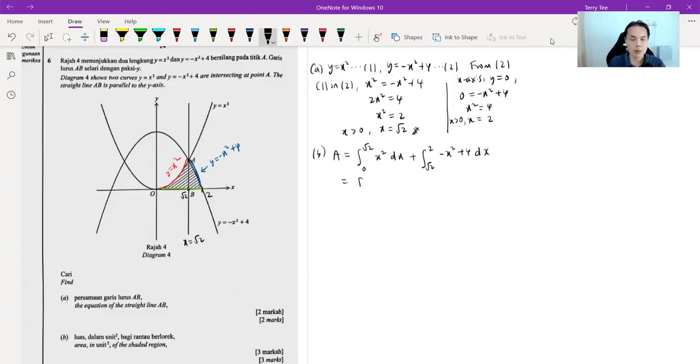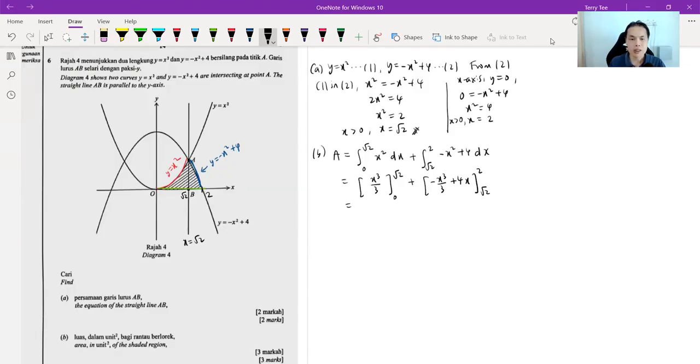Okay, the first part, when I integrate x squared, I increase the power by 1, I get x cubed over 3, lower limit 0, upper limit 2. As for the second one, when I integrate, I get negative x cubed over 3, integrate 4, we get 4x, lower limit 2, upper limit 2√2. Now let's substitute.